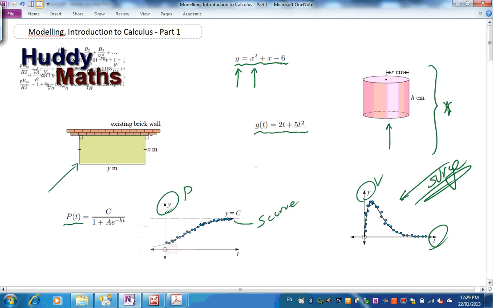And later on, as we get more skilled, and particularly with technology as well, we'll come down and look at the surge function, the S-curve. This is called actually the logistic function, because logistically it's more applicable than the straight exponential. This is a logistic function for population growth. But so there's some excitement coming up.